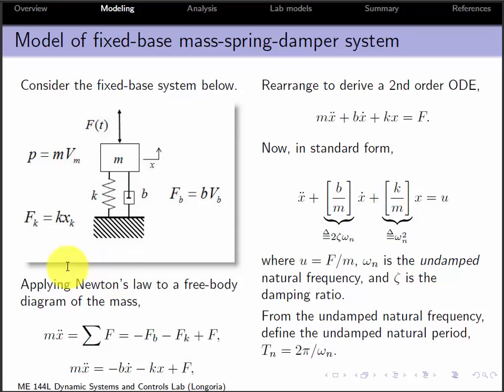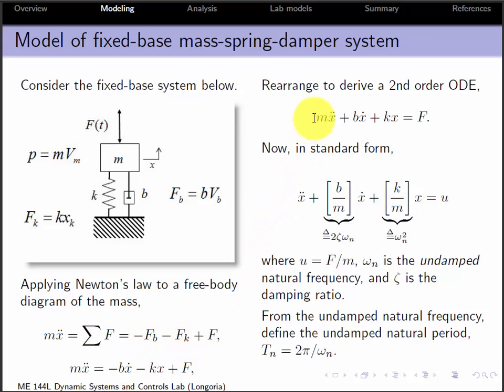So I'm just reviewing the derivation of that using Newton's law. You apply a free body diagram here, and mass times acceleration is the sum of the forces. So you've got your damping force, stiffness force, and then your applied force.